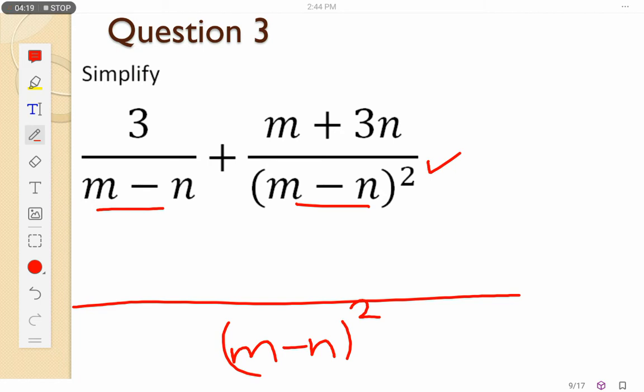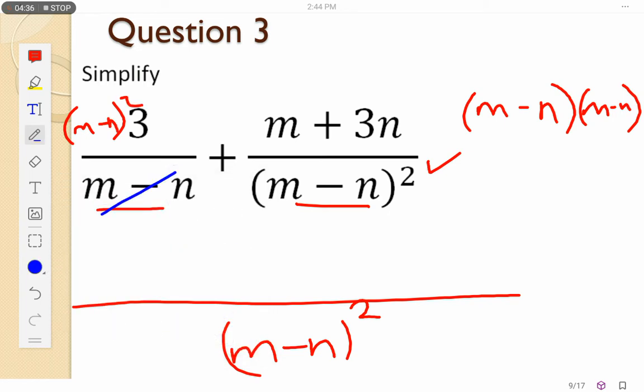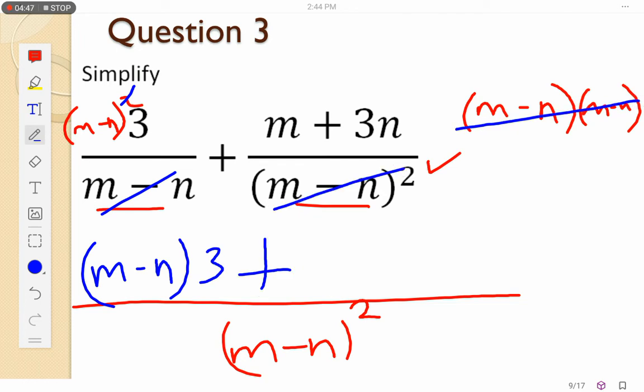If I multiply all the items by m minus n squared, on the first item, this m will cancel off with the m, and I'll remain with m minus n times 3. Plus, on the second one, this whole thing is going to cancel off, so I'll remain with m plus 3n.